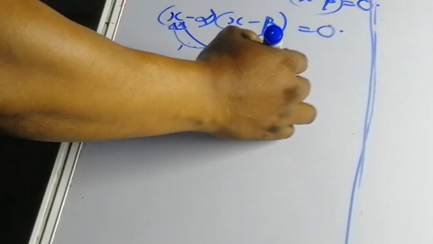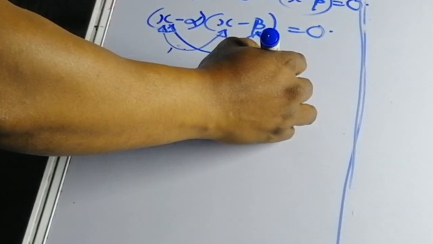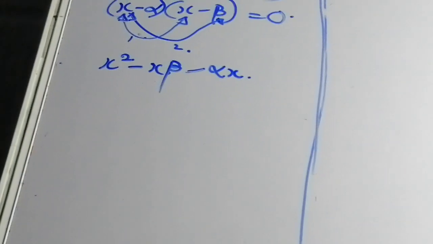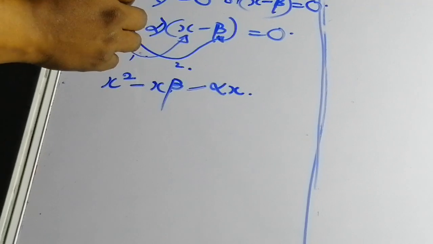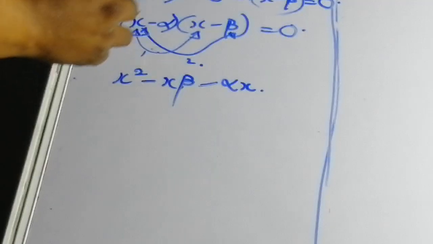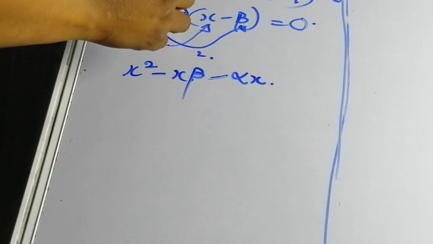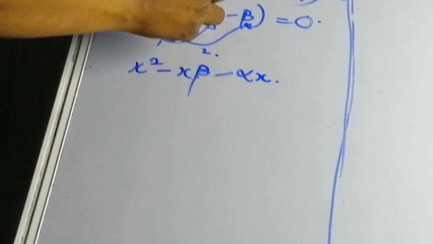Alpha times x is the same thing as alpha x. Simple. We've done x times x, x and beta, and now this one, which is the third one.